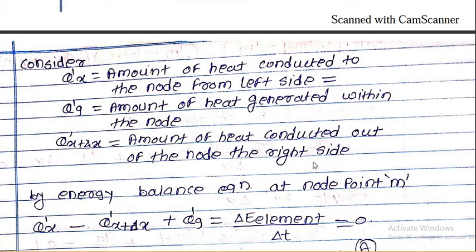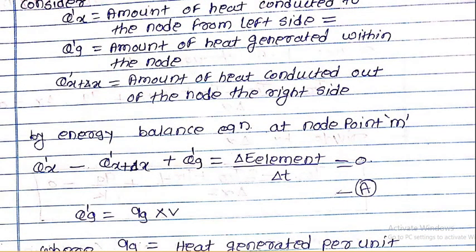So by the energy balance equation, we can write q dash x minus q dash x plus delta x plus q dash g is equal to the increment in internal energy of the element divided by delta t, which is equal to 0. Here we are considering that whatever energy is received by the element, that much energy will be transferred to the next element.